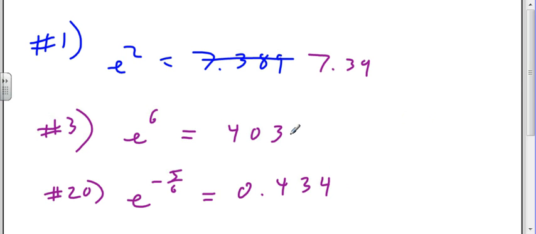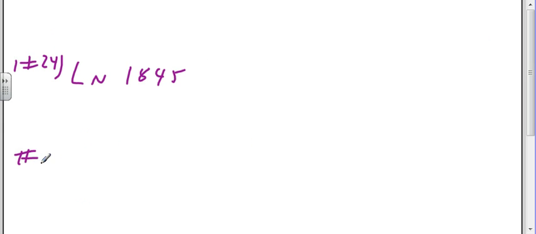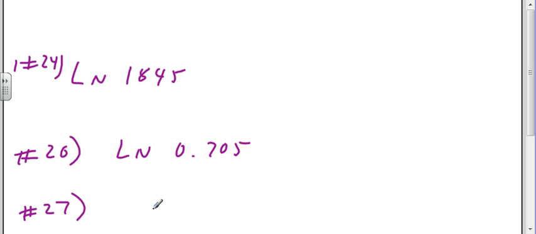Then we're just going to do the same thing over again, taking natural logs of things. So we'll take the natural log of 1/845, which is 24, and we'll do 26, natural log of 0.705, and we'll do 27, natural log 0.00582.